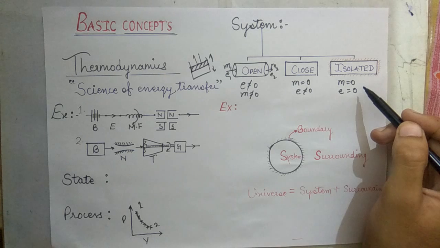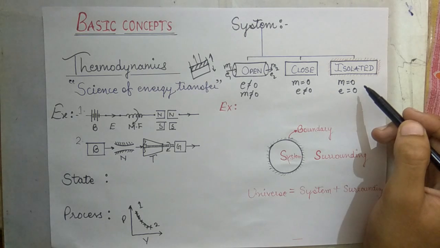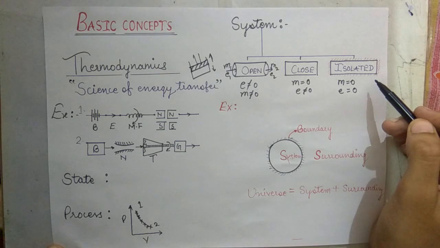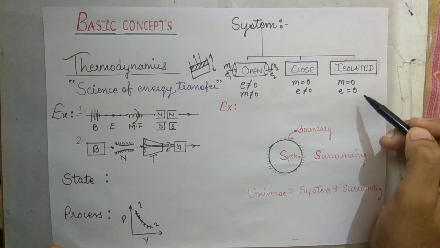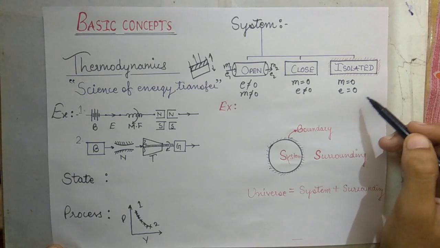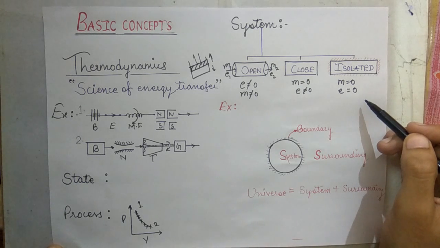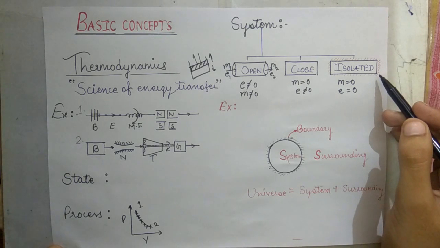Energy is not coming into the universe, nor is it going outside from the universe. So the best example is the universe. And the isolated thermal flask is also an example of an isolated system.